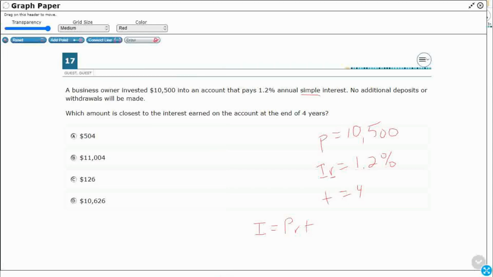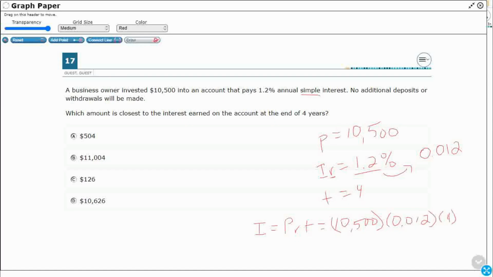One thing we need to go ahead and adjust is this is a percent. In order to multiply it, let's go ahead and make that a decimal. So we're going to divide it by 100 or move the decimal over twice. So it's going to be 0.012. And we're just going to multiply those three amounts: 10,500 times that 0.012 and times that by 4.